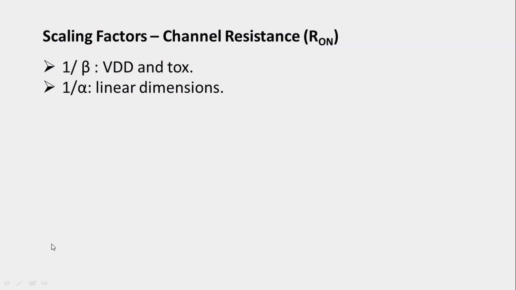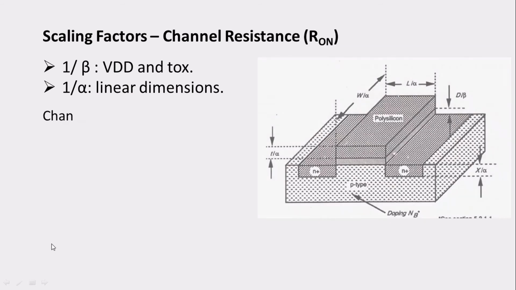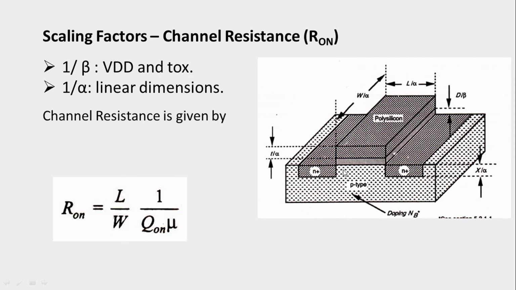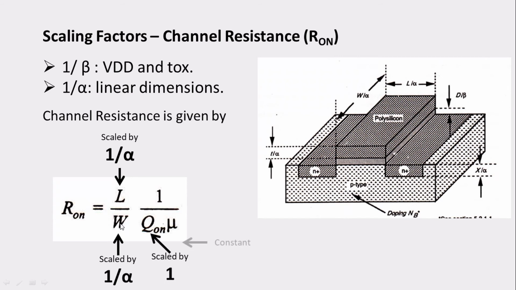Next, channel resistance, the resistance offered in the channel. The equation is given by R on is equal to L by W into 1 by Q on into mu. As we know, the L scaling factor is 1 by alpha, the width scaling factor is 1 by alpha, Q on is unity, and mu is a constant, where mu is the mobility of our charge carrier.